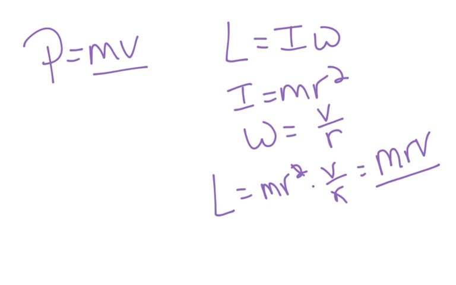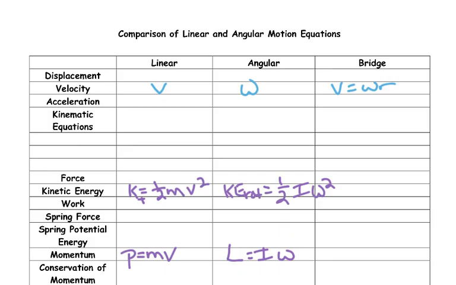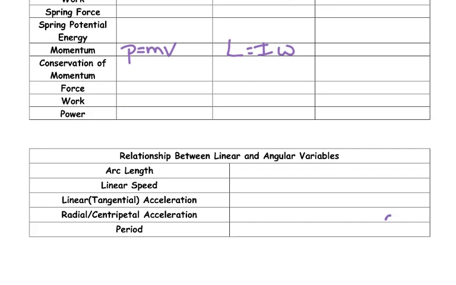So this is a little bit different than what we did before when we bridged between the two. So let me go back to the table. Previously, to get from angular velocity to linear velocity, you would multiply the angular velocity by the radius, or to get to the angular velocity, you would divide the linear velocity by the radius.